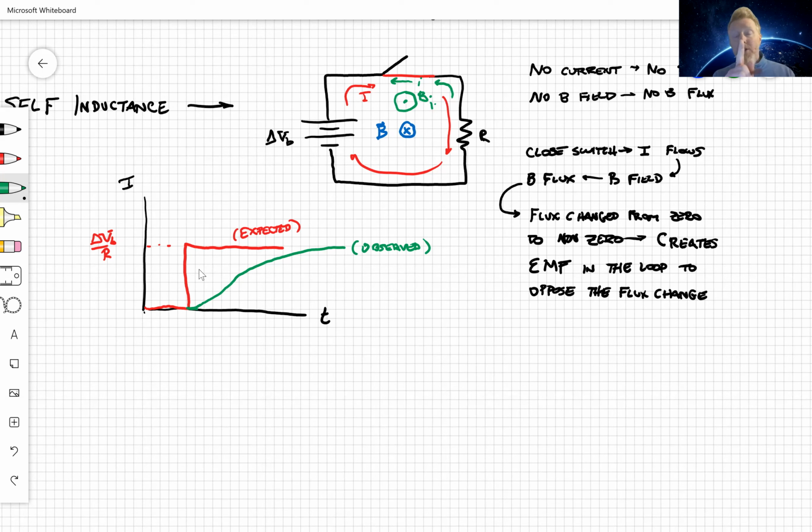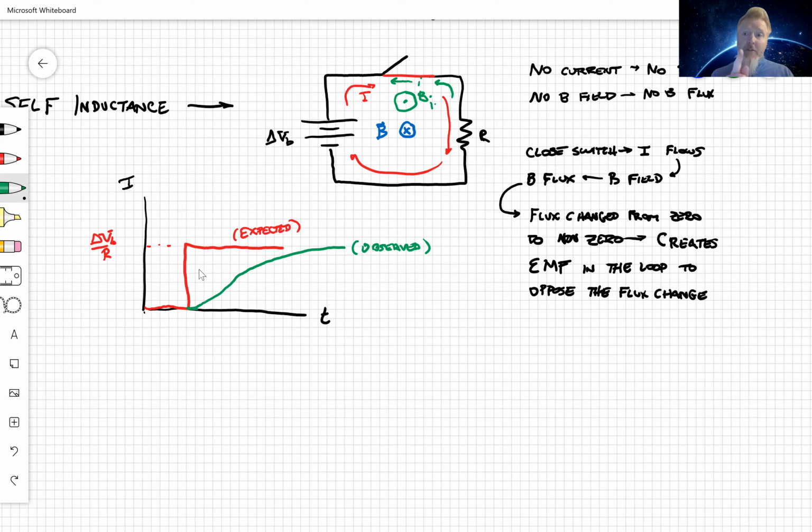Okay. Of course, you already know, once it gets to that constant value of delta V over R, and the current settles to its steady state, everything shuts off, right? There's no more changing. There's nothing for the induced current to do, so it just goes away, right?